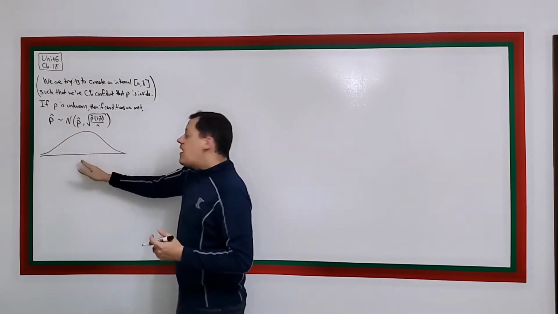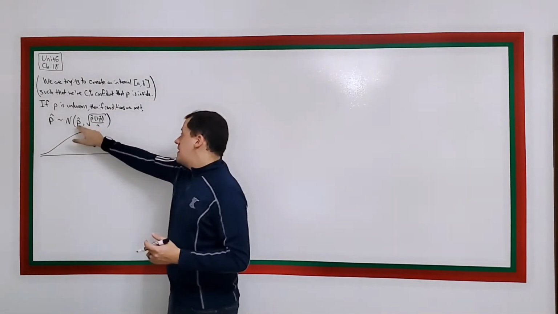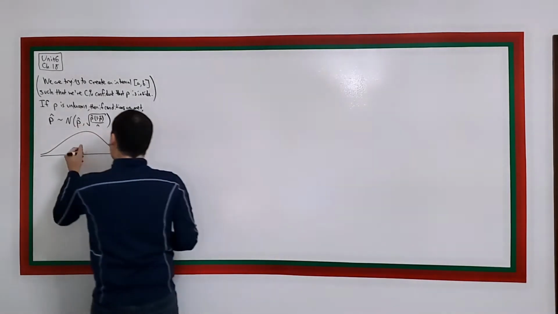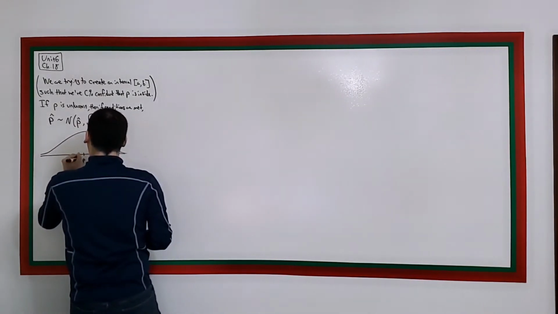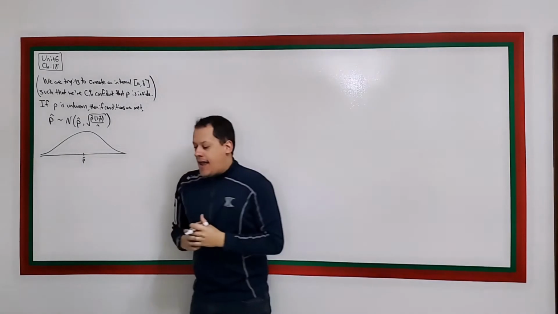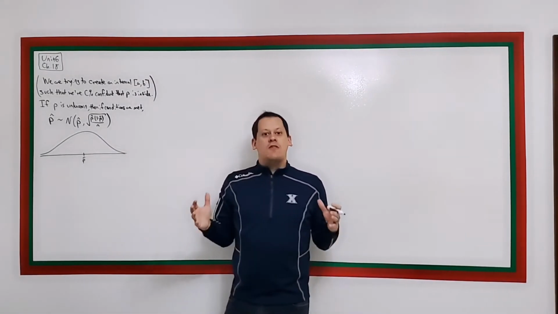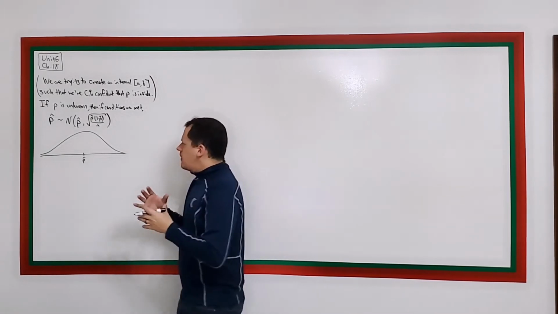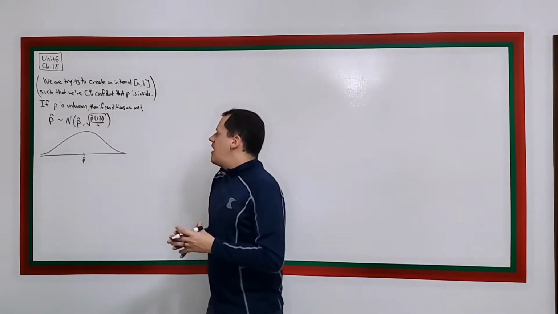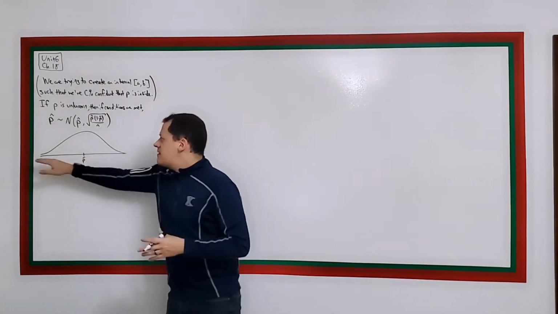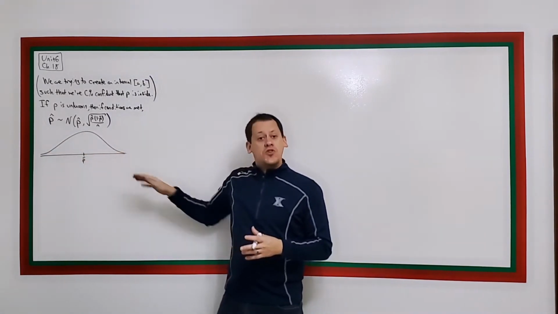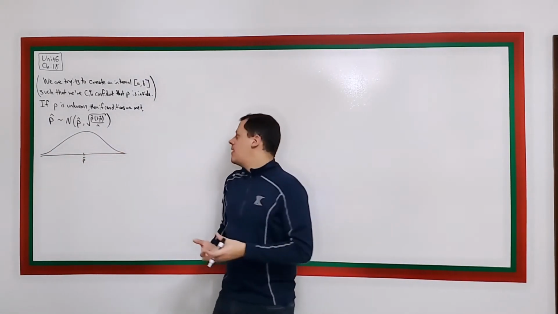Our mean of this distribution is P hat. That's our best estimate of P, so P hat is right in the middle. And we are trying to construct an interval of values that we are some percent confident that P is inside. This is the sampling distribution of sample proportions for that population.